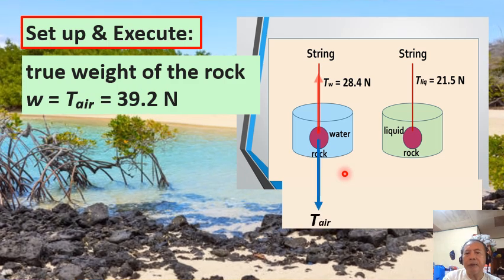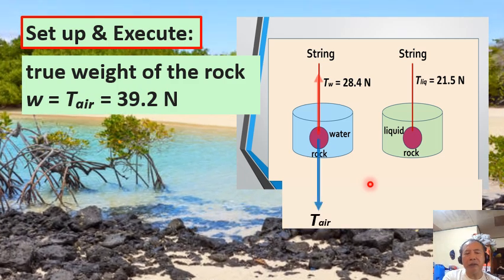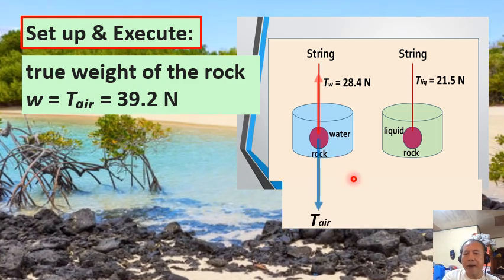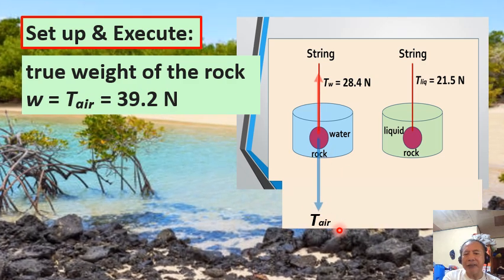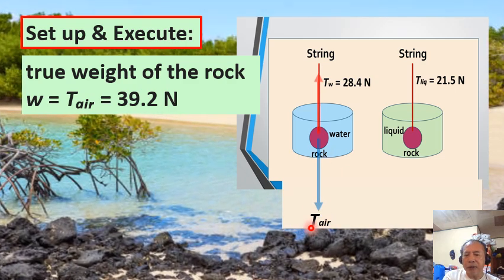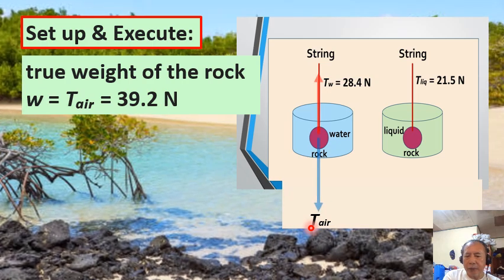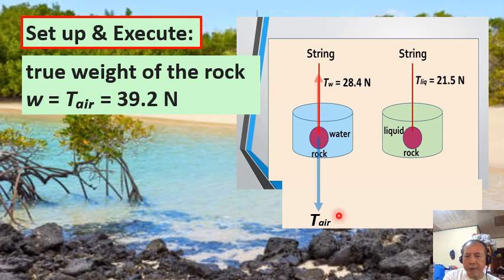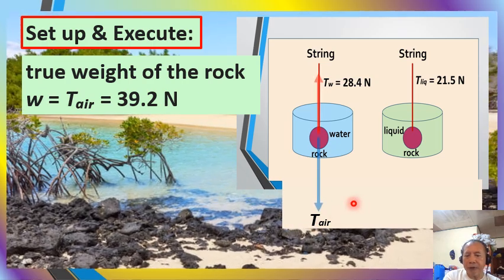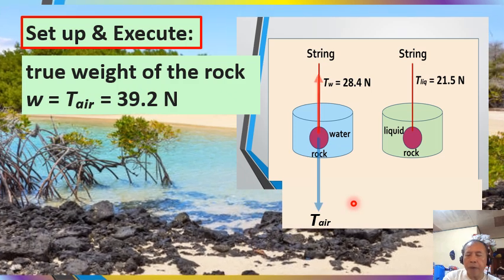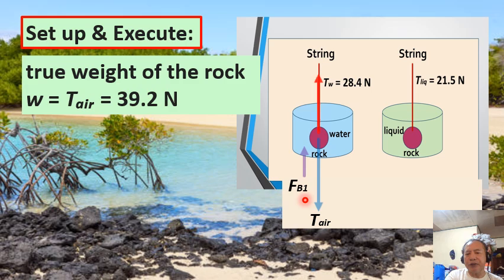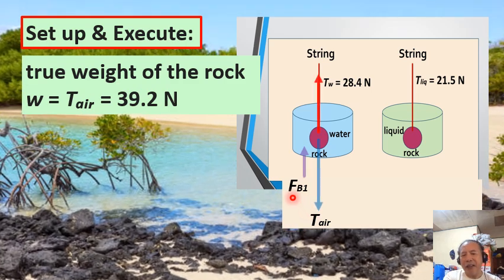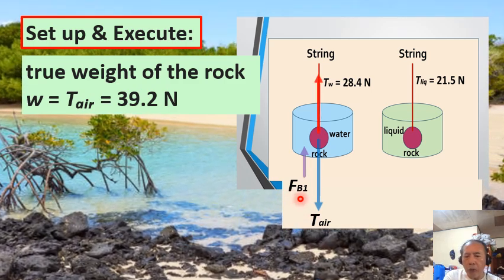Of course, the actual weight of the rock, or the force of gravity directed downward, is also labeled here as the tension, capital T, sub air. And of course, the upward force of the water on the rock, known as the buoyant force, is labeled here as capital F sub B1.